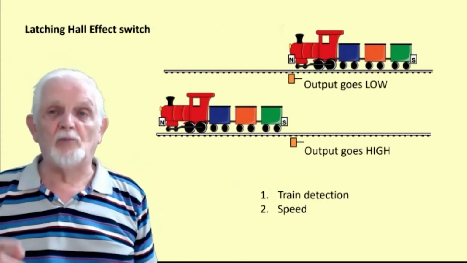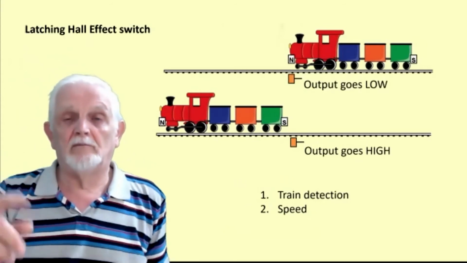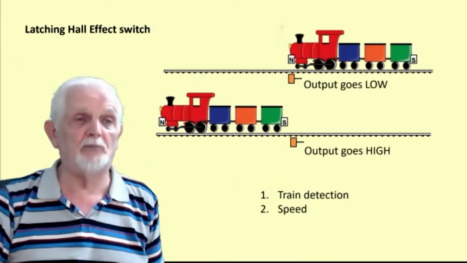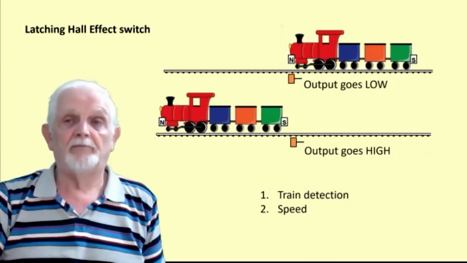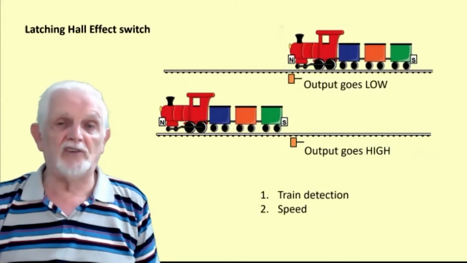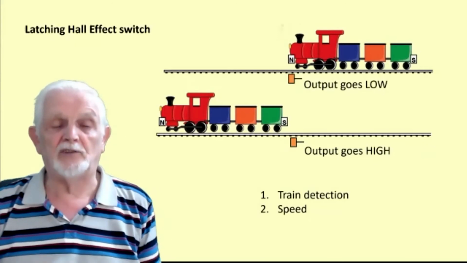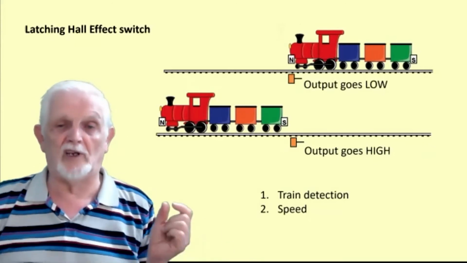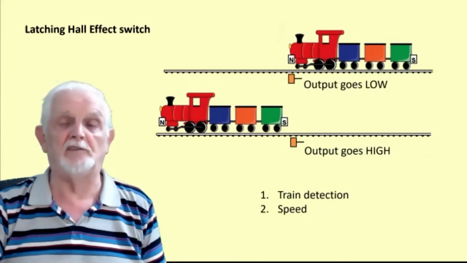So the output from the device can go straight into an EasyPoints, for example, to operate a barrier gate. So one Hall effect, a couple of magnets and an EasyPoints, and you've got automatic, and it's automatic whether you have a short train or a long train, as long as you've got a magnet at either end.